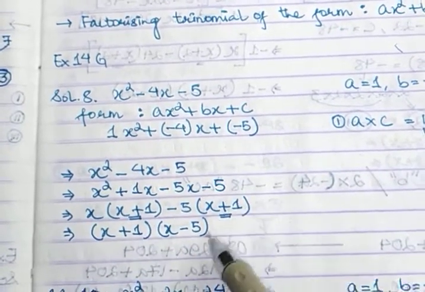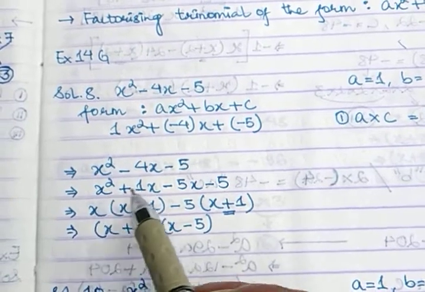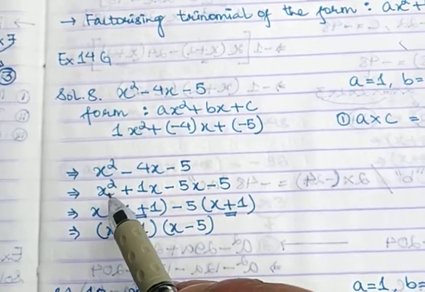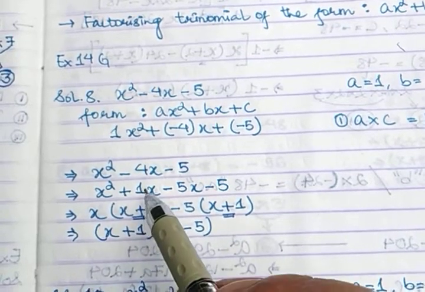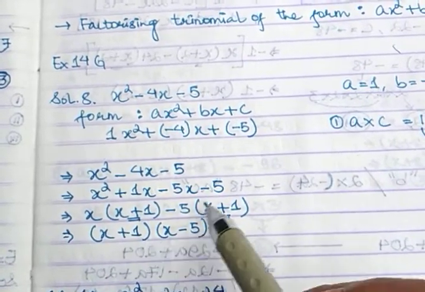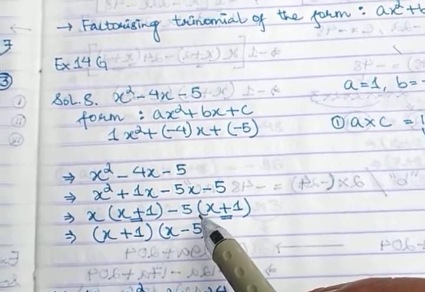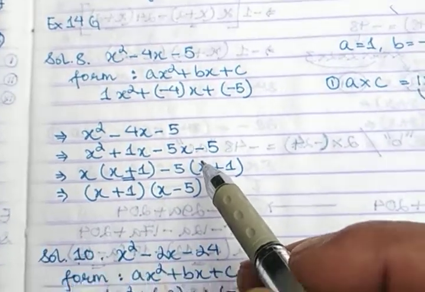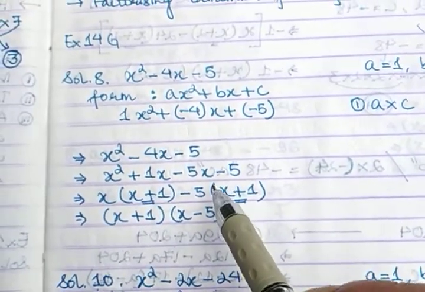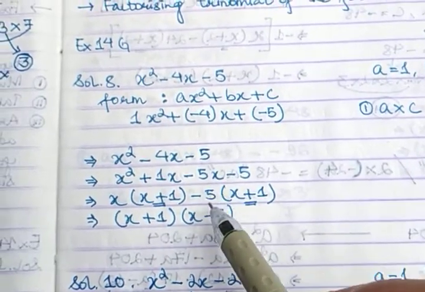From this point, what is common in the first two terms? x is common. Once I take x common, what's left from the first term is x, plus what's left from the second term, plus 1. I hope you understood this, since we have done these steps in the previous exercise as well. From the third and fourth terms, I can take minus 5 as common.